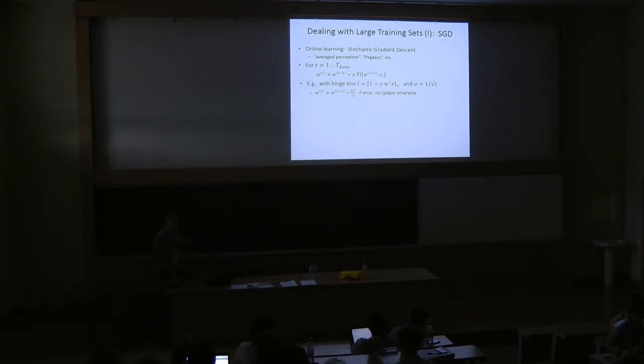So for example, if we're using this hinge loss, where we suffer 0 loss, no penalty, once we're confidently predicting the right thing, or we're suffering linear penalty if we're not predicting the right thing with a certain margin, the update will just become a simple addition of the example's features to the current weights, scaled by, of course, the sign of the label. But also, this alpha, the current state of the art is that people typically will use a 1 over square root t damping factor for the algorithm to converge. And that really is all the algorithm.